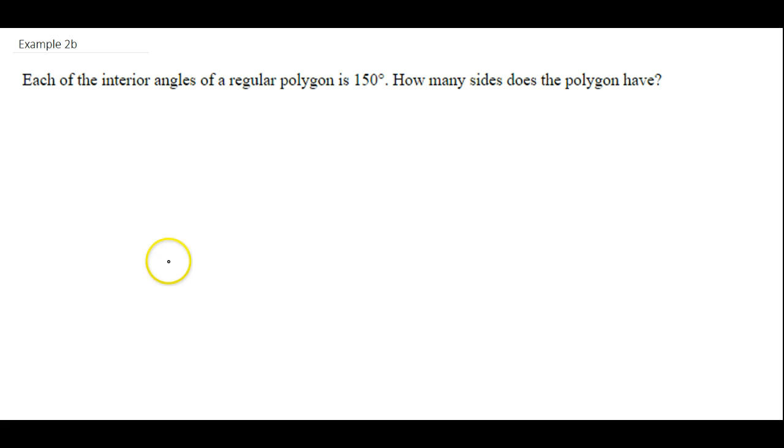Each of the interior angles of a regular polygon is 150 degrees. How many sides does the polygon have? Okay, now how are we going to figure this out? Well, remember that we took the sum and divided it by the number of angles, and that gave us the measure of each angle.